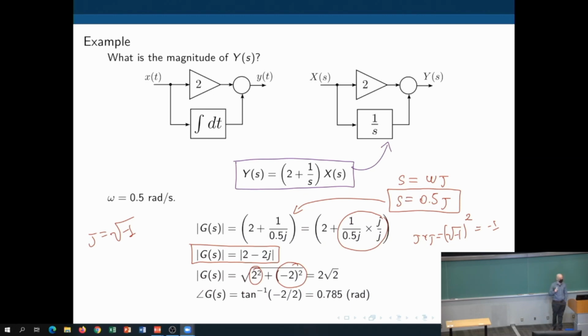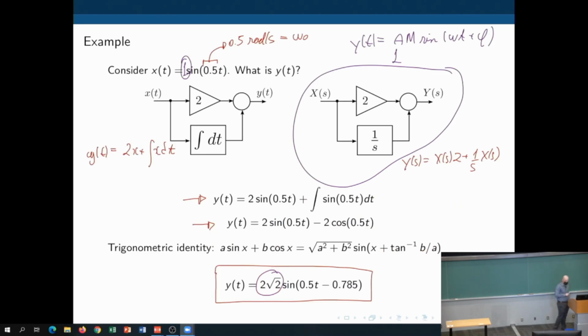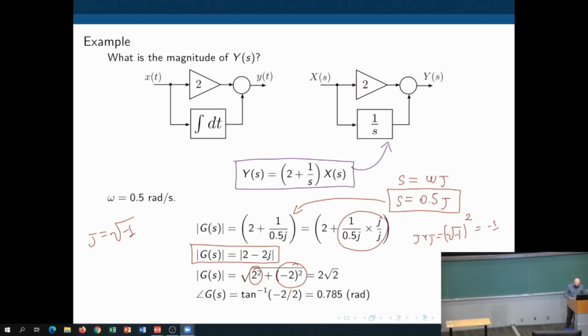Imaginary part is negative 2, real part is 2. The ratio is negative 1. Inverse tangent gives negative 0.785 radians. That's exactly what we found here. Magnitude of the transfer function, phase of the transfer function. Now determine the output of the system given a sinusoidal input.